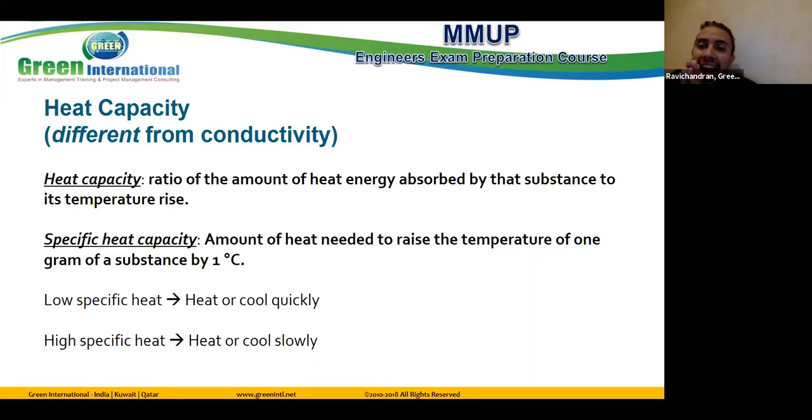So I have two materials, both with high conductivity. Which one is going to heat or cool quickly? It does not depend on which has higher conductivity.